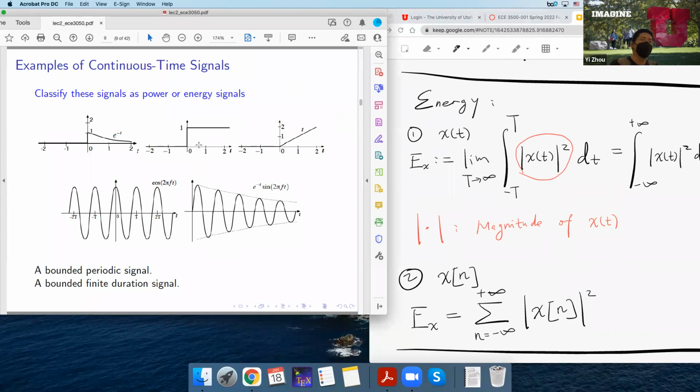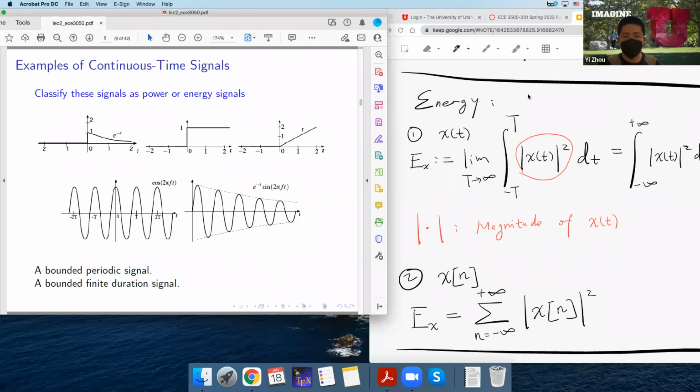For this rectangle causal signal, is it an energy signal? Or equivalently speaking, is the energy bounded or not?